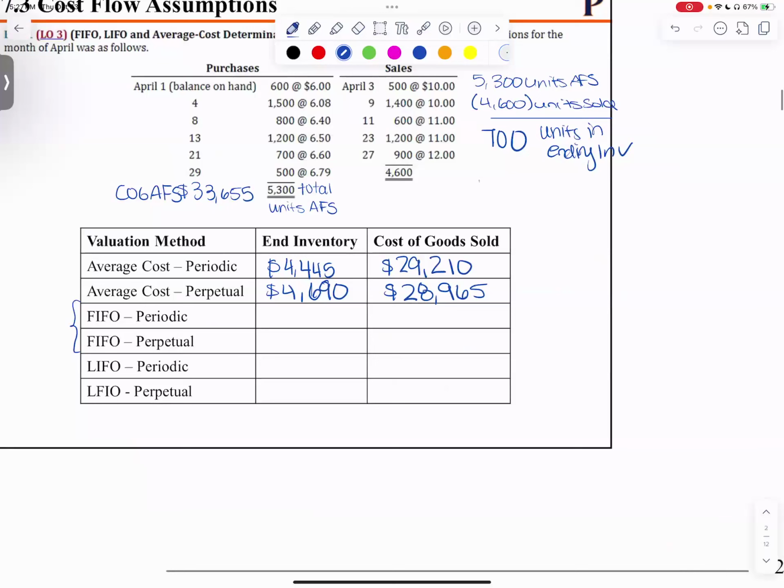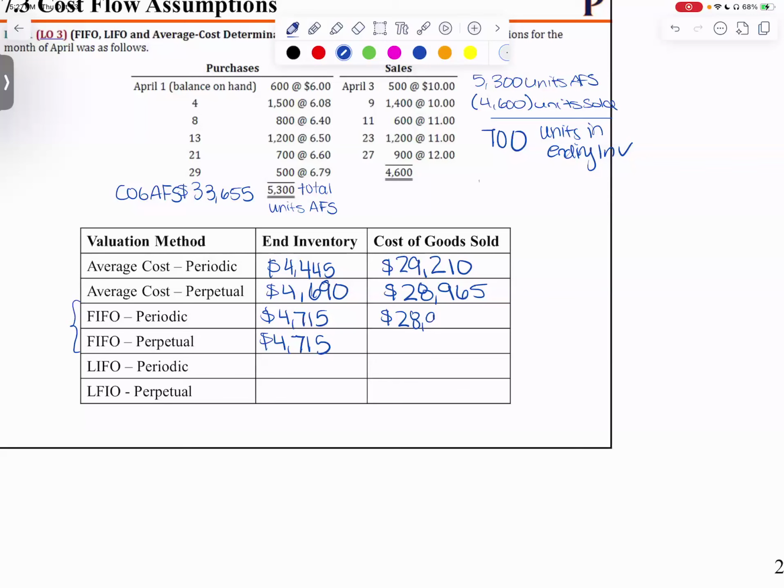So if we want to go ahead and add those to our charts, we can actually fill in 2 more buckets here. So our ending inventory under FIFO, periodic, and perpetual is going to be 4,715. And then our cost of goods sold under both is going to be 28,940.